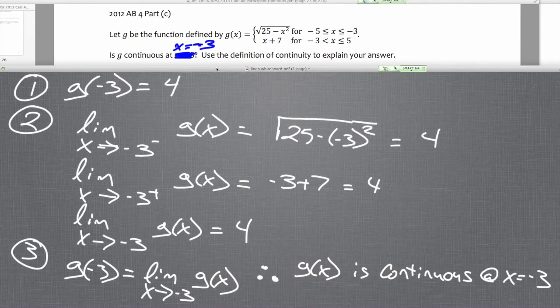But if you want full credit, you have to answer the question, because the question says, is G continuous? If you don't write this statement right here, did you say that G was continuous? No. You've given me the information that helps me decide, but you haven't told me. So I need, therefore, G of x is continuous at x equals -3.